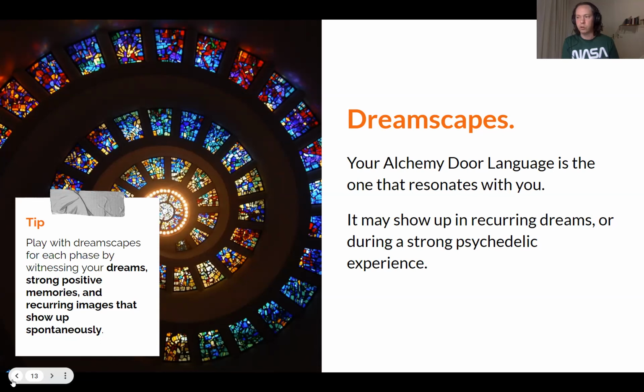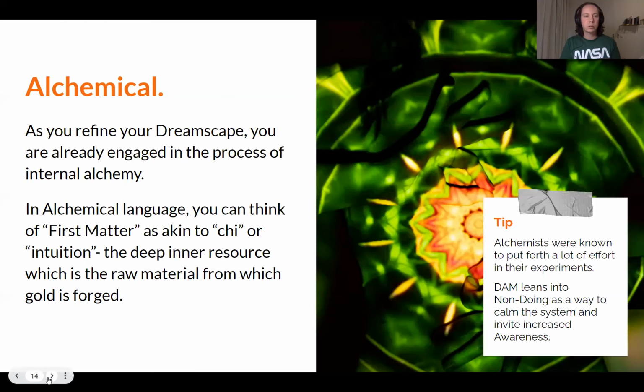In a cafe, underwater, grandparents' house, hometown, foreign country, trying to get a little specific, but also sort of vague. So the second term here that I'm using is alchemical. And as you refine your dreamscape, you're already engaged in the process of internal alchemy. That means right now.